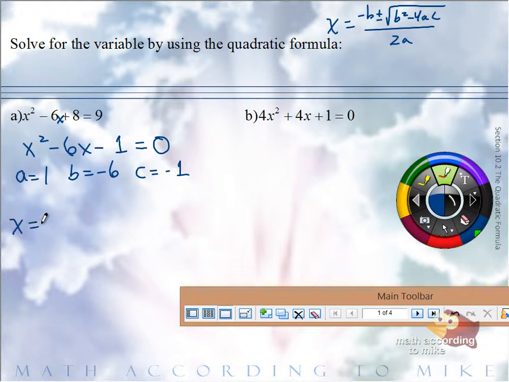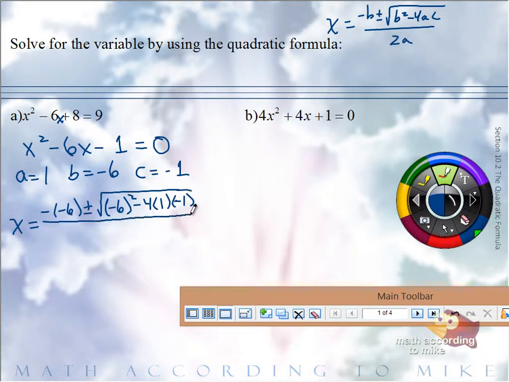So I'll have x equals, be careful, negative 6, plus or minus the square root of negative 6 quantity squared, minus 4 times 1 times negative 1, all over 2 times 1.